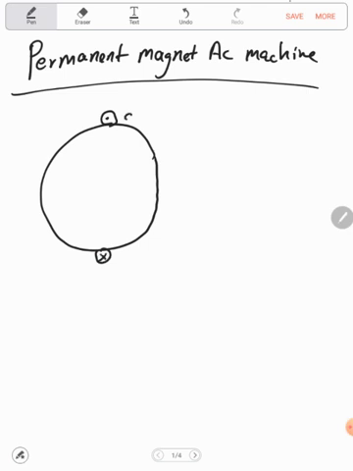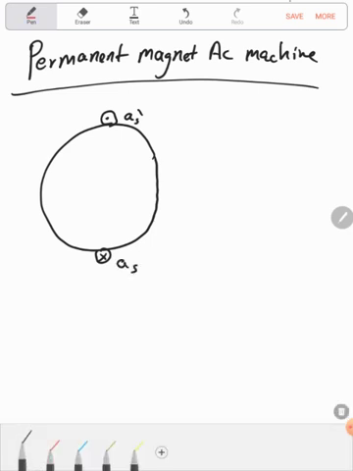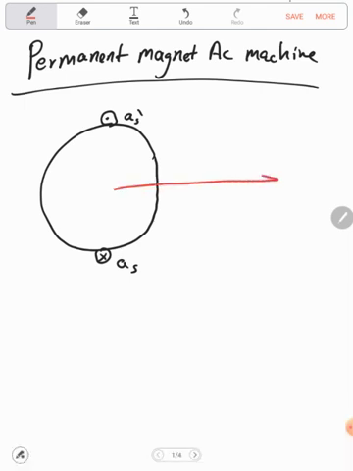So this will be the AS dash and this will be the AS. So according to the right hand rule, this will be the direction of the MMF of the phase A. So this will be the AS axis.